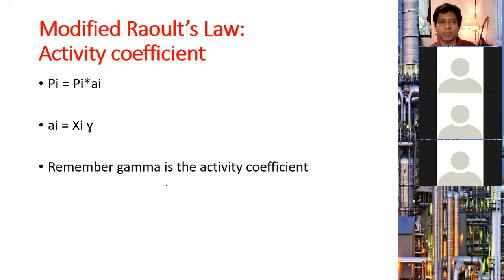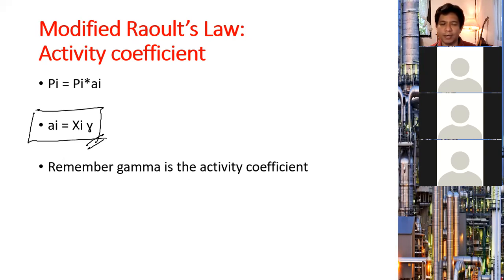So para mas maging accurate, they use a coefficient, and they call it the activity coefficient. You multiply a constant, this is your gamma. So gamma is the activity coefficient.